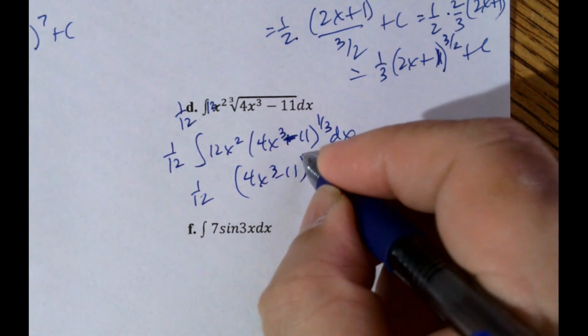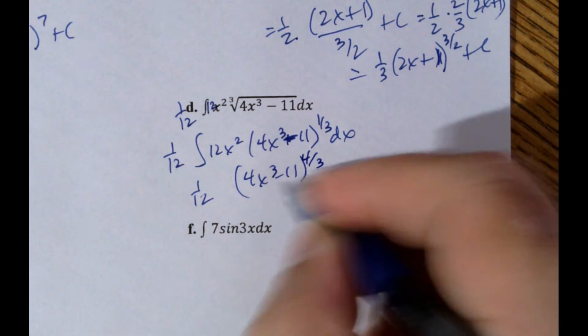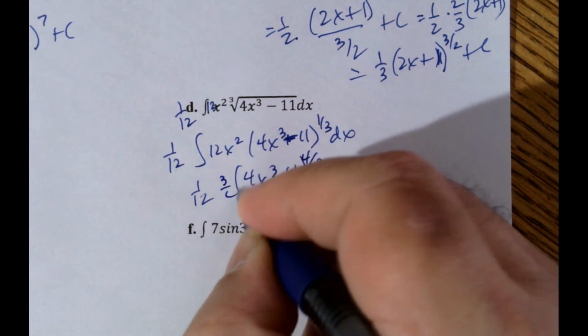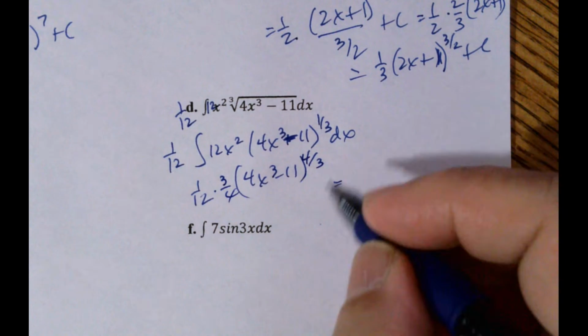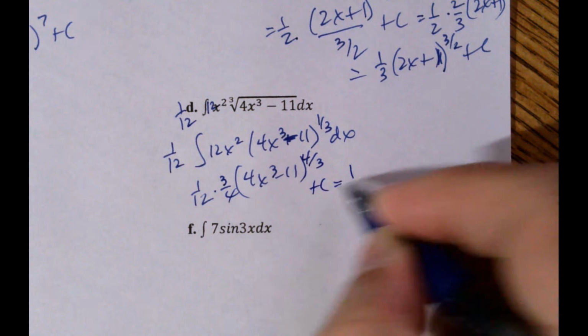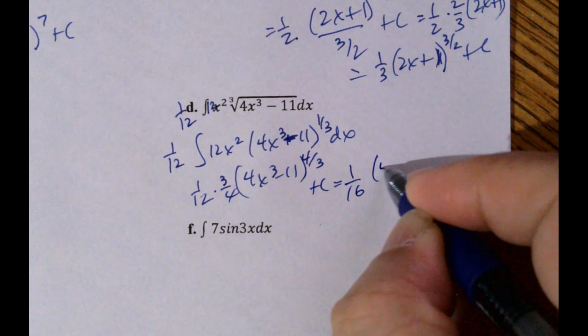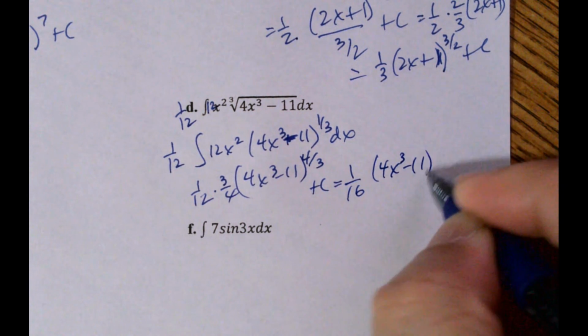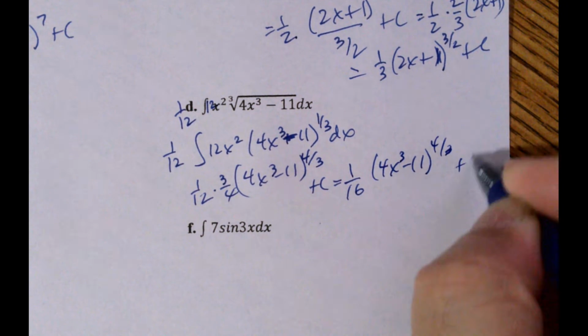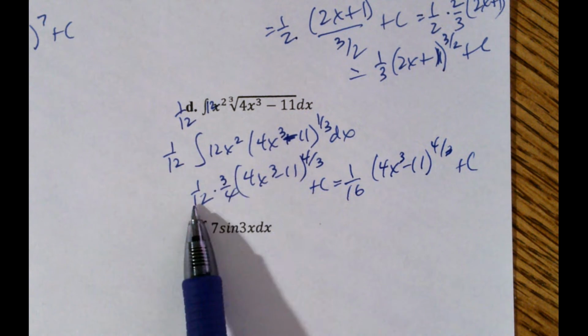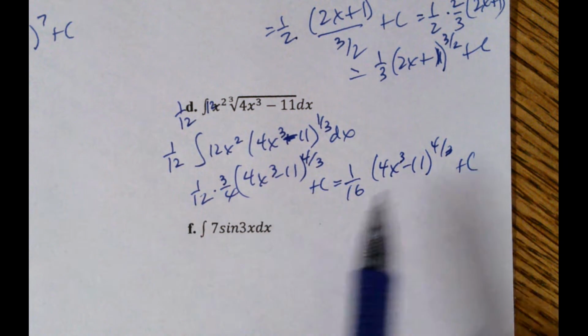That's 4/3. Multiply by the reciprocal, so it's 3/4. So that's going to be 1/16 times 4x cubed minus 1 to the 4/3 plus c. Right? 3 and 12 reduce. 4 times 4 is 16.